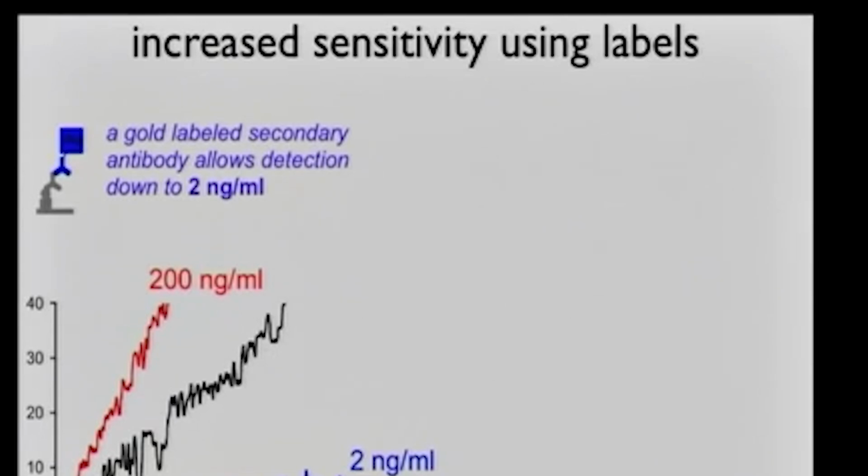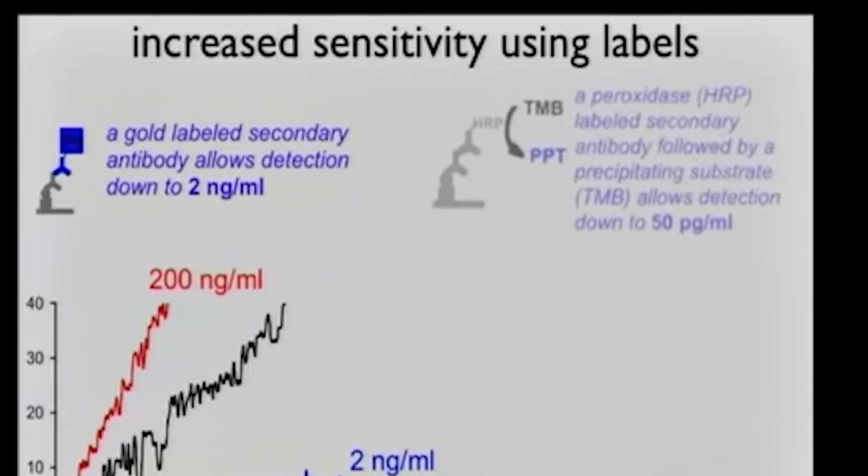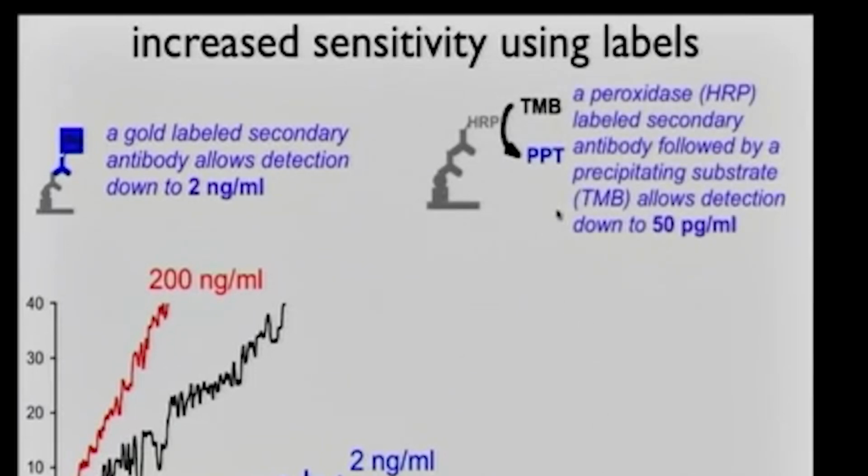And now this noise is the noise of the detector. So in order to go better than that, we have to do a little bit more signal averaging. Sure. And we can do a different type of labeling, which is a precipitation assay. So here's our initial antigen, and then you put in the antibody, the digoxin, and then you put in the secondary, which has horseradish peroxidase in it.